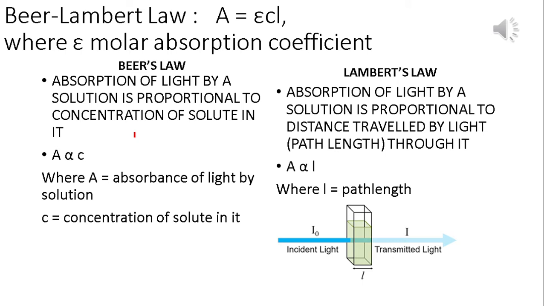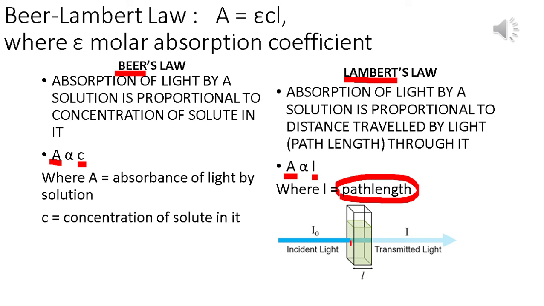Absorption photometry is working on a law called Beer-Lambert law. Actually, it is a combination of two laws, Beer's law and Lambert's law. Beer's law states that absorption of light by a solution is directly proportional to the concentration of solute in it, while Lambert's law states that absorption of light by a solution is proportional to the distance traveled by the light, that is path length, through the solution.